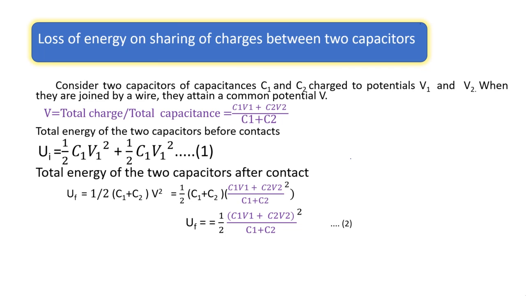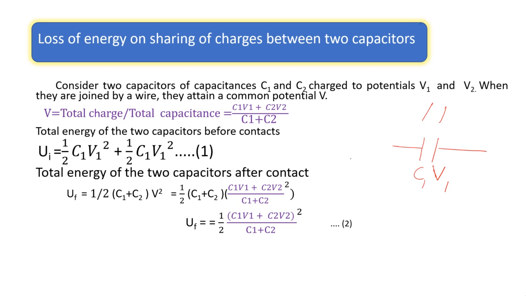Now let us consider what happens to energy when two capacitors share their charges. Initially, here is a capacitor with C1 and charged, therefore it will have a certain voltage V1.